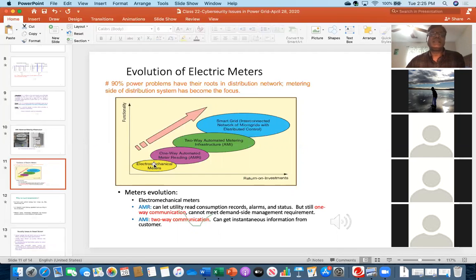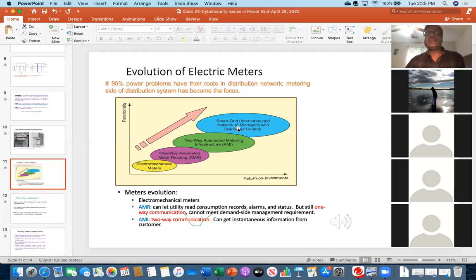Initially there were electromechanical meters, and then the improved version called AMR, one-way automated metering. It is not two-way. Then came the evolution of AMI, advanced metering infrastructure, or two-way automated metering infrastructure.